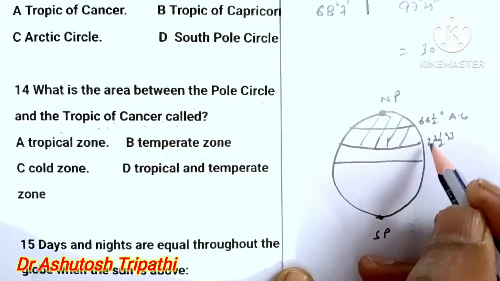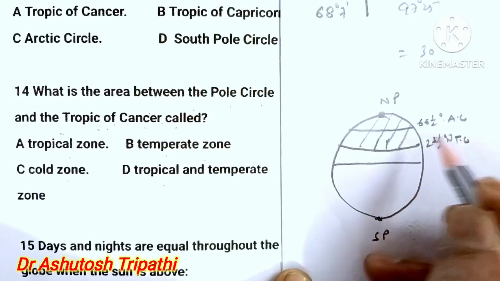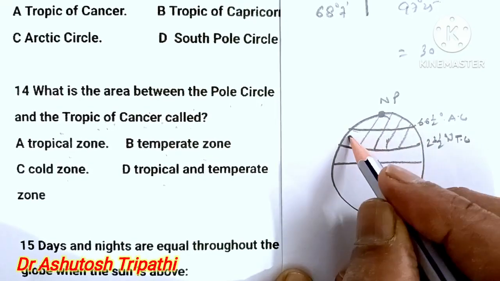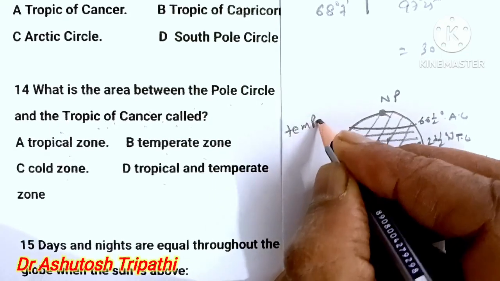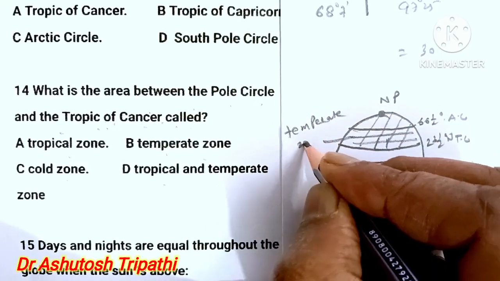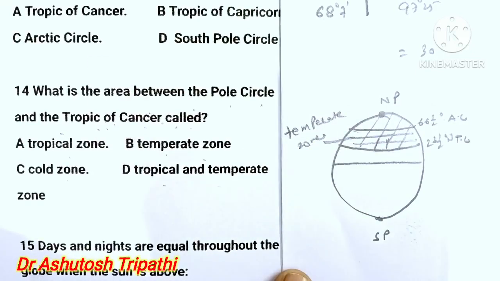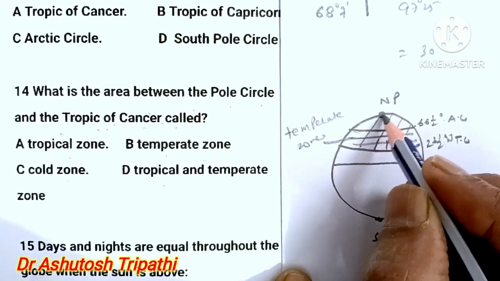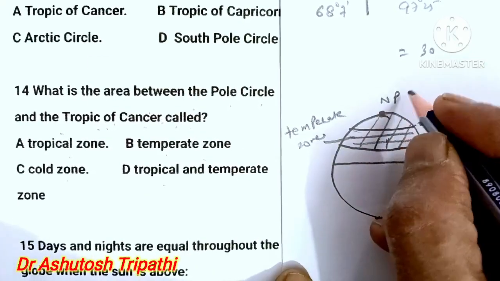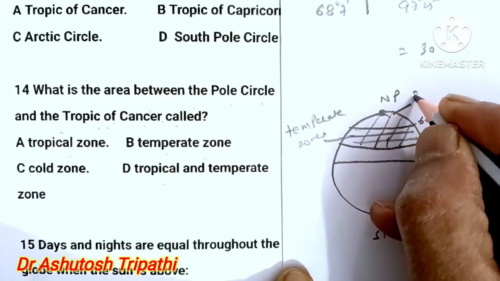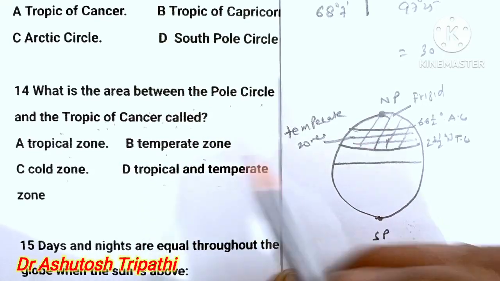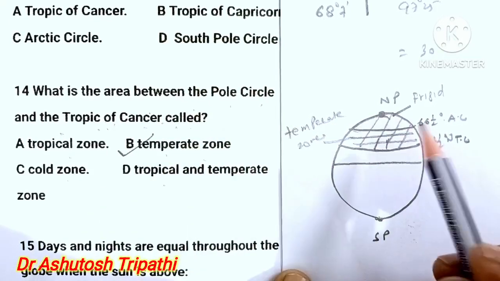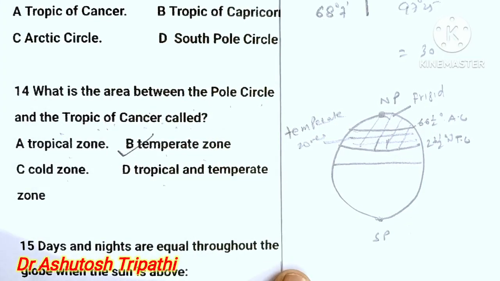The area between the Tropic of Cancer and the Arctic Circle is known as the temperate zone. The area between the Arctic Circle and the North Pole is known as the frigid zone. The answer is B, temperate zone.